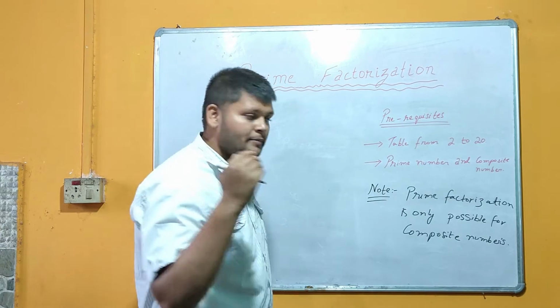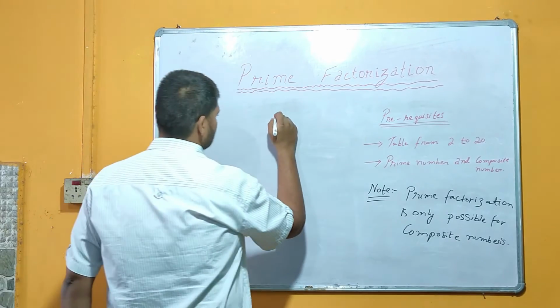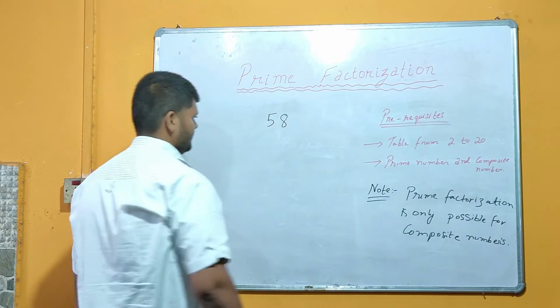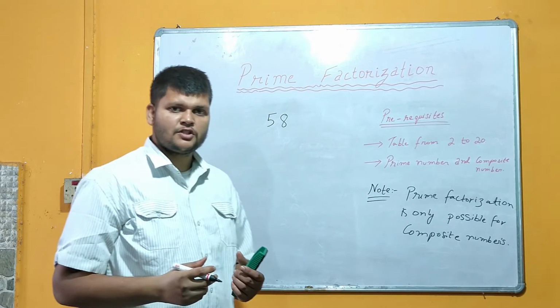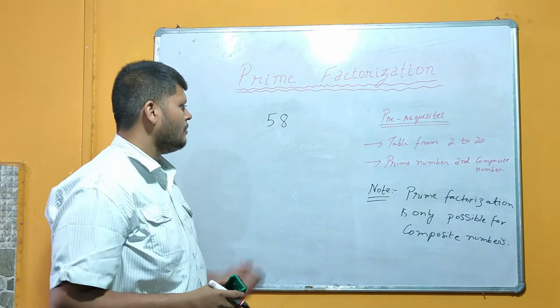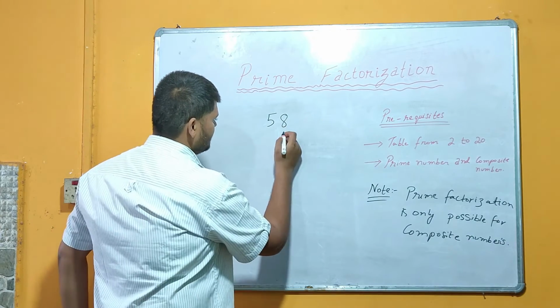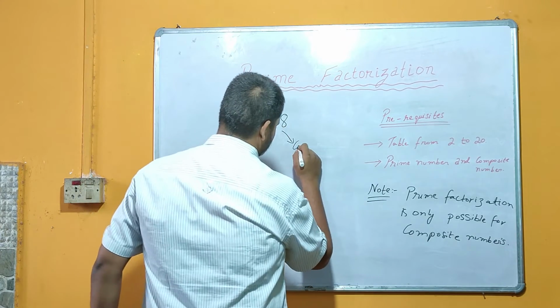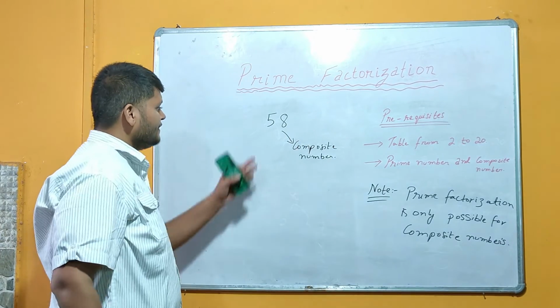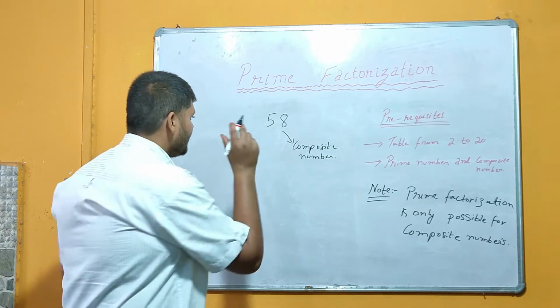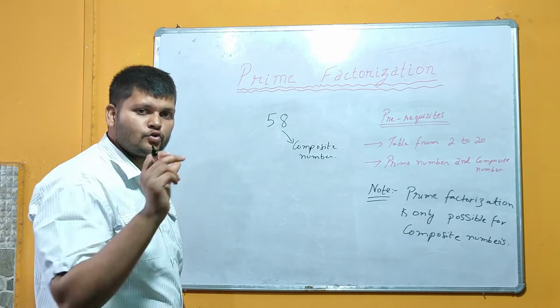Now let's take one bigger number. Suppose I am taking 58. So the first and foremost job is to analyze whether this number is prime or composite. So this 58 is a composite number. Okay? If it is a composite number, then we can split this 58 into two parts.